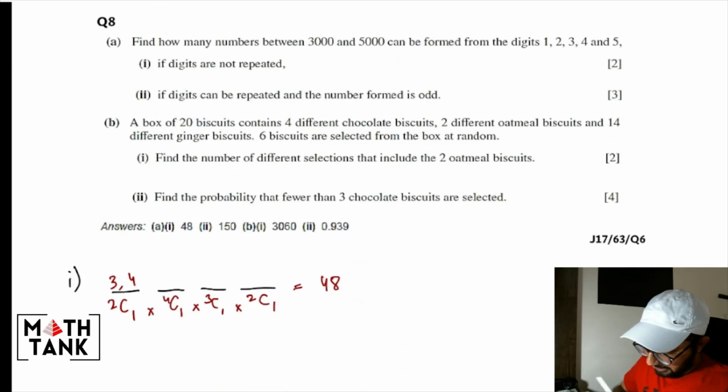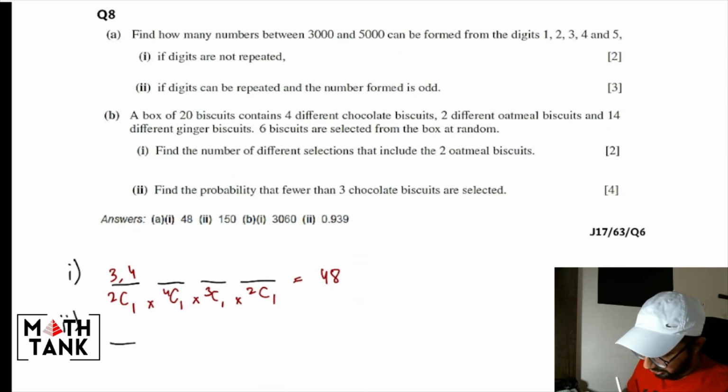Then part 2 says if the digits can be repeated and the number formed is odd. So 1, 3, and 5 could appear here, but that doesn't change anything for the rest of the digits. I still have 5C1. Oh, I forgot the other restriction. There is this other restriction that says they could be just starting with 3 and 4, so that's another 2C1.